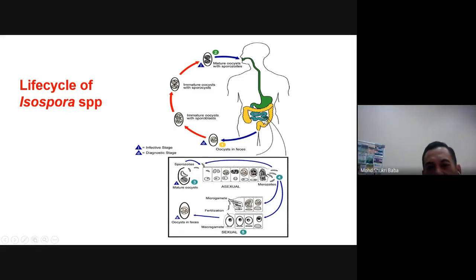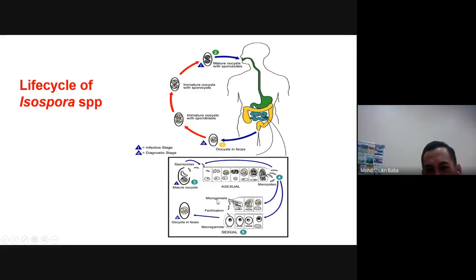So matured sporocyst tu akan menyerang your epithelial cell in the cell lining in your intestine. Lama-kelamaan dia akan membentuk merozoid. So merozoid itu dia akan menjadi sama ada mikrogamet ataupun macrogamete.